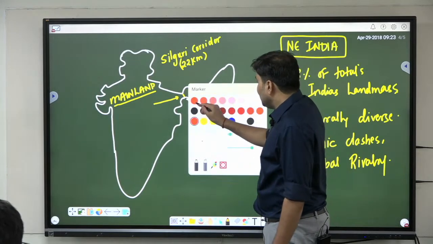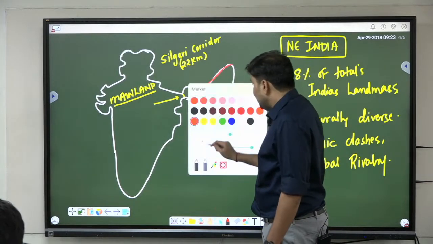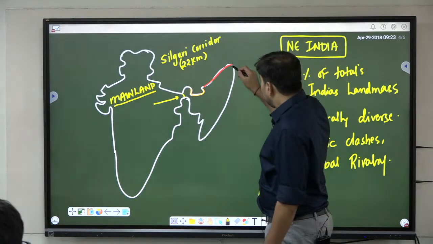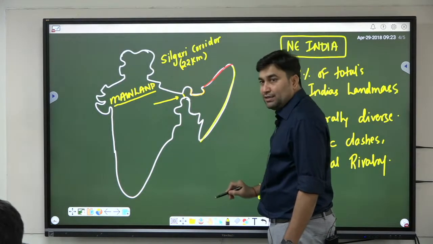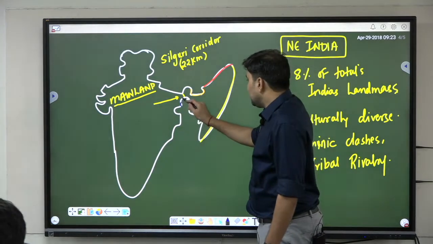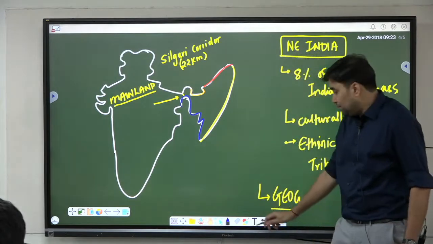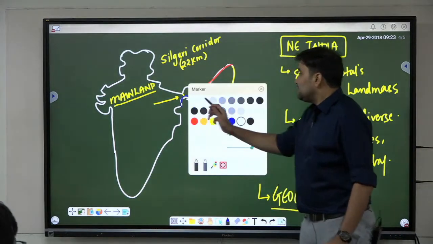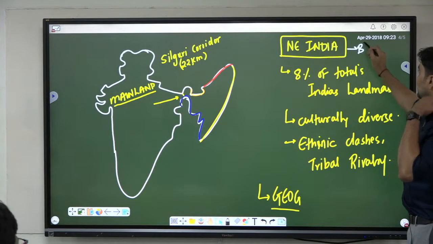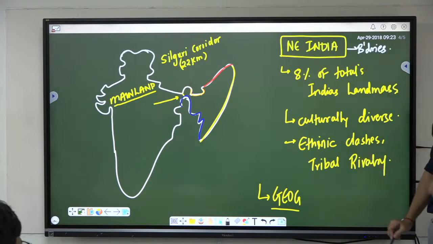It has a boundary with China. It has a boundary with Myanmar, right? And it also has a boundary with Bangladesh. Getting the idea? It has boundaries with different countries, and that is why it is more important.